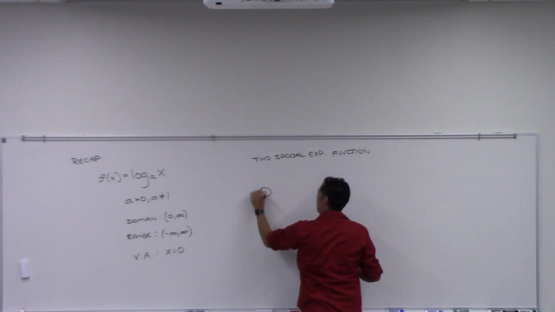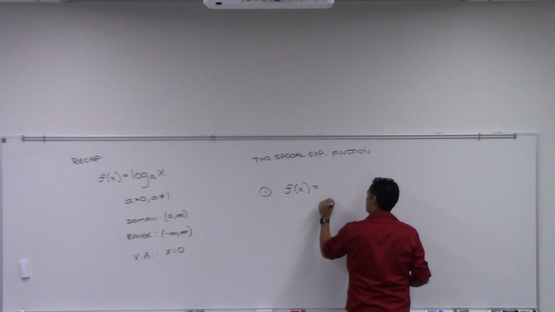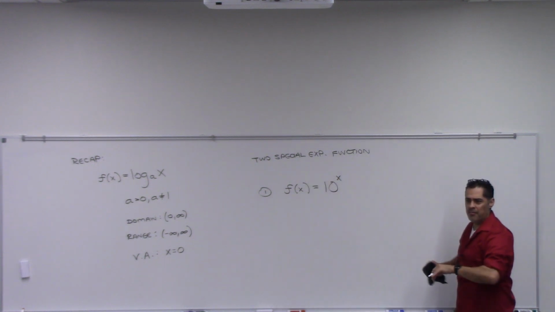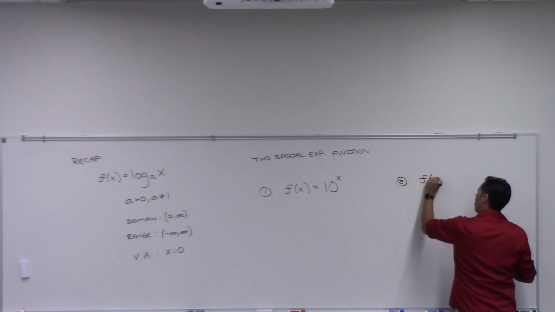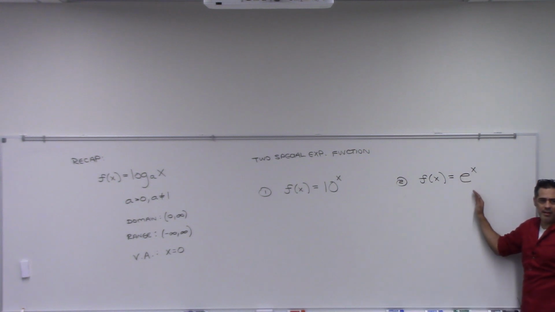The first one was f of x equals, do you remember? 10 to the x, 10 fingers, right? And then the second one was f of x equals what? E to the x, and that's the one I told you was very special in calculus, right? These were our two special functions.